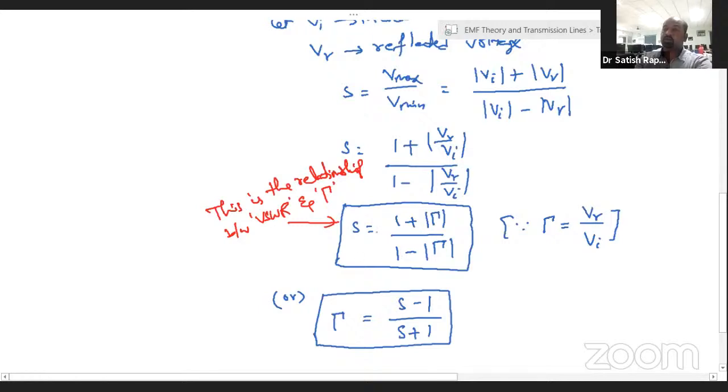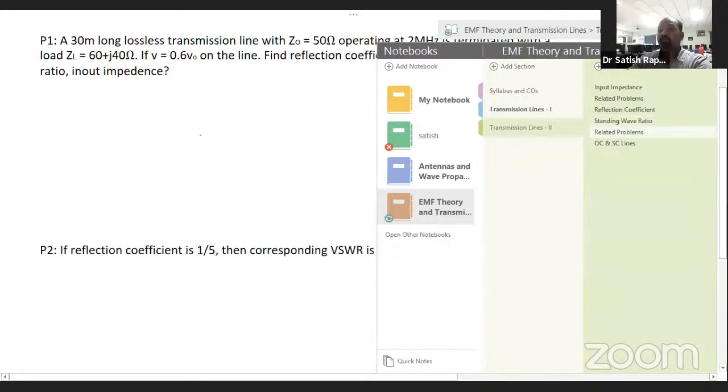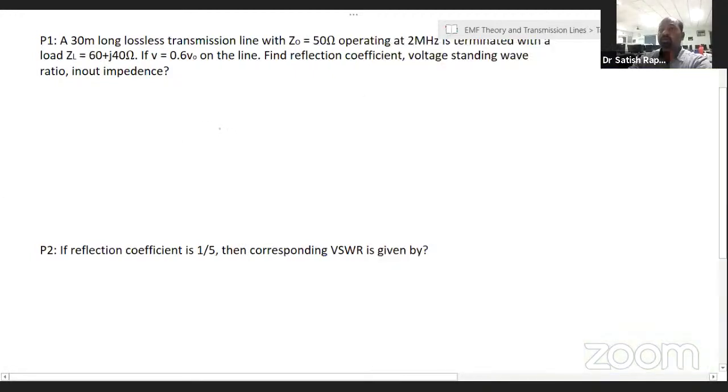So S is equal to 1 plus capital gamma by 1 minus capital gamma, and capital gamma is equal to S minus 1 by S plus 1. So this is about the voltage standing wave ratio. I hope it is clear to you. Any doubts, you can ask me. Based on the discussion so far, let us consider a few problems.